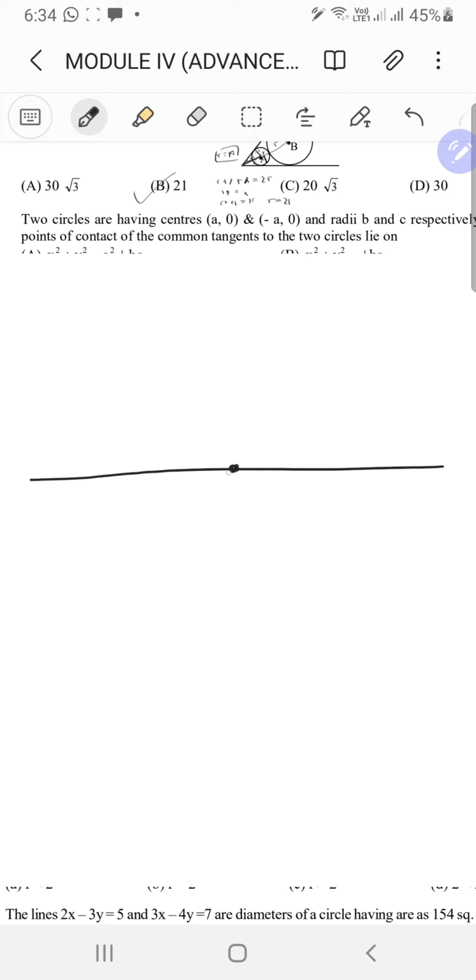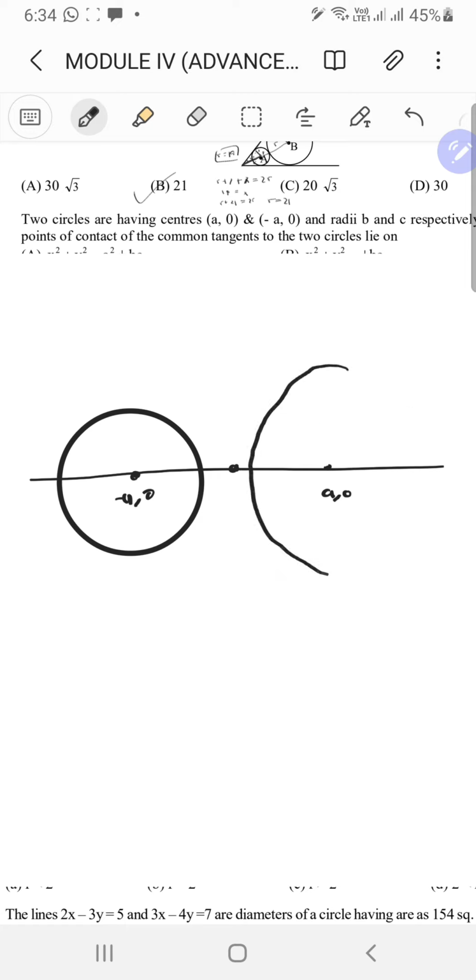So just say this is our origin. This is minus a comma 0, this point is a comma 0. Then you've got two circles. This is the first circle, and this circle is much bigger than the other circle.